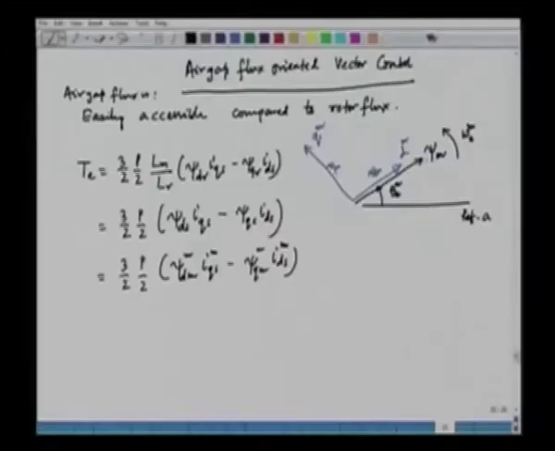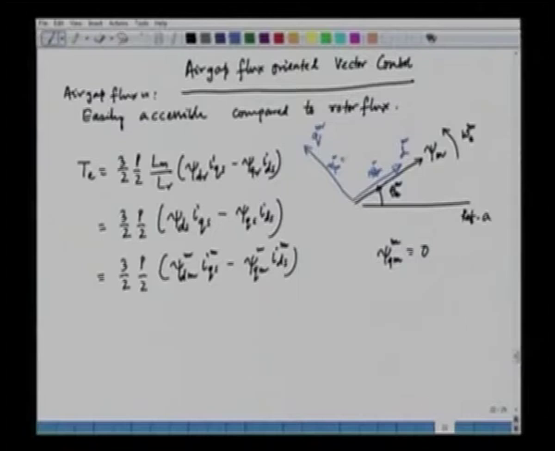So when we orient the d axis along the air gap flux vector, we can very well say that psi qm superscript m is equal to 0. Because of the special choice of the reference frame, we don't have any q axis flux. So it means this flux is equal to 0.